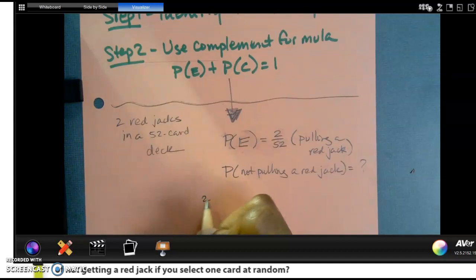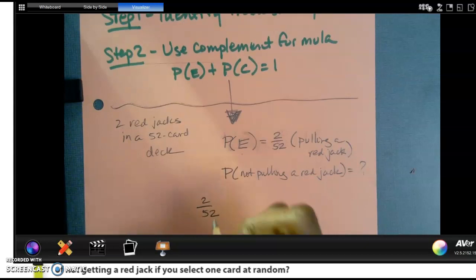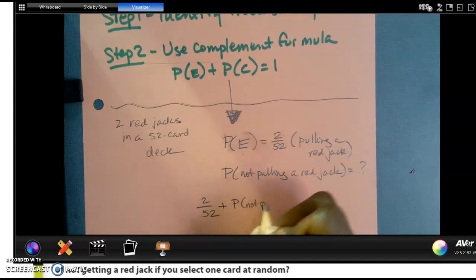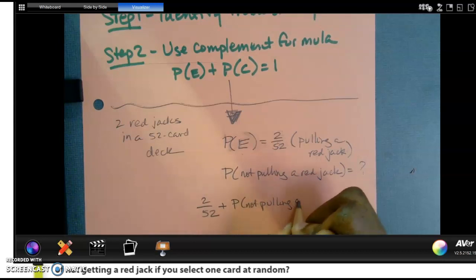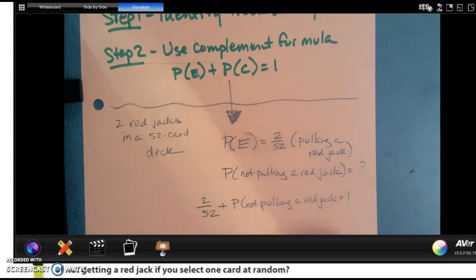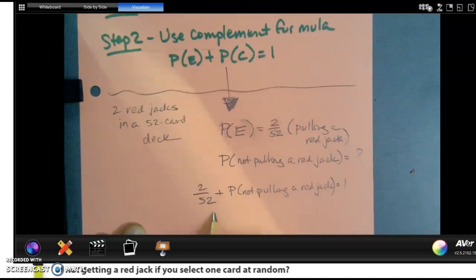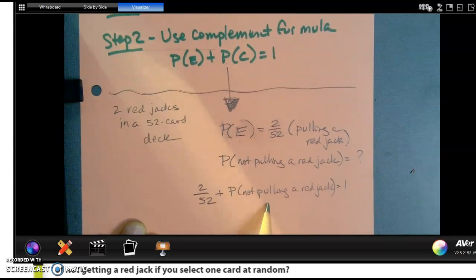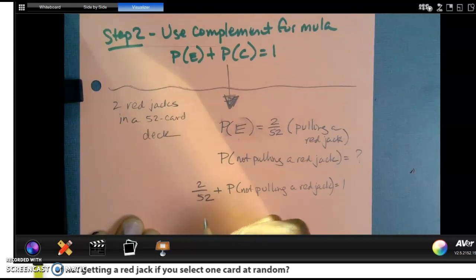I want to assign 2 out of 52 as the probability of my event, plus the probability of not pulling a red jack, and that needs to equal 1. The probability of my event plus the opposite of that event must equal 1. So this is sort of like solving an equation.